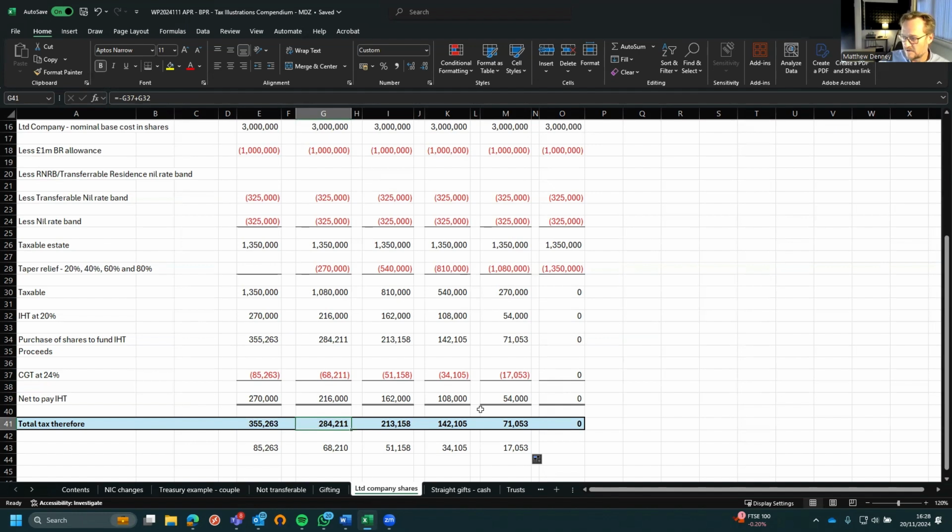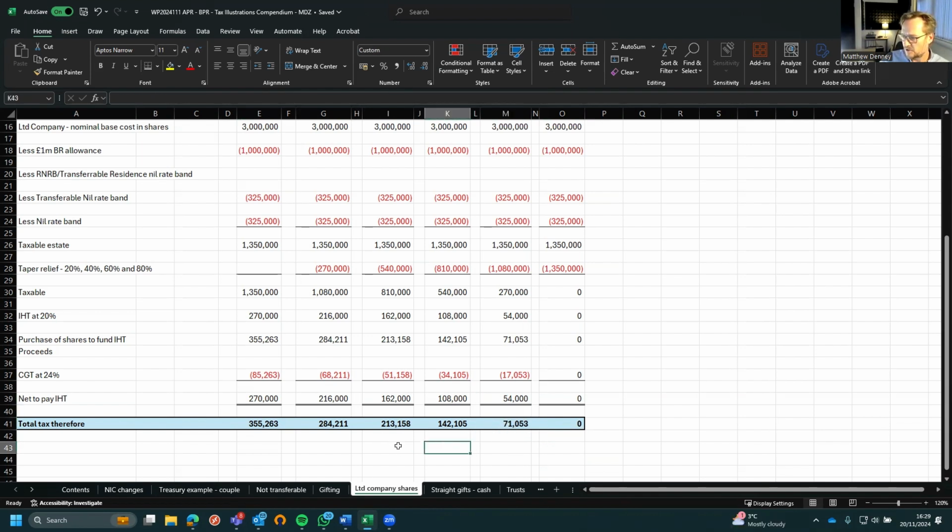And this is it coming down. But of course, even at this point, how does that look? Where do we start to win? So the inheritance tax, 270, and with the capital gains tax, 355. And if we get to here, so ignore all that, I've done all that one wrong. If we get to here, 125.